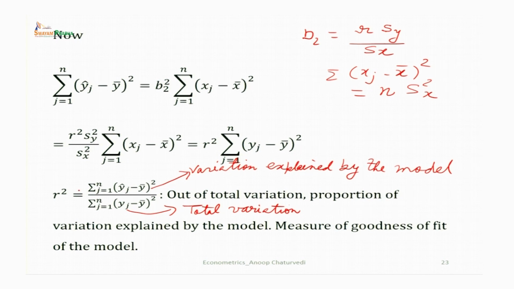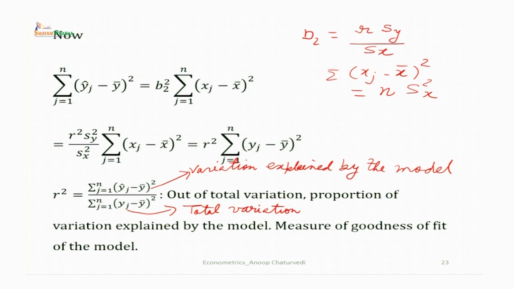So, basically this r squared gives you, out of the total variation, the proportion of variation explained by the model. r is the correlation coefficient between x and y. So, r squared is the square of the correlation coefficient between x and y, and r squared gives you the proportion of variation explained by the model out of the total variation.